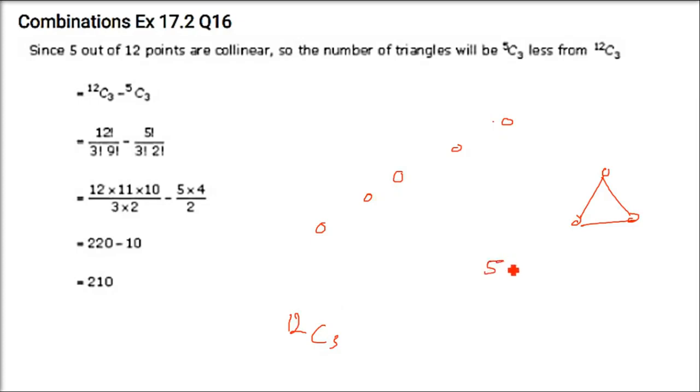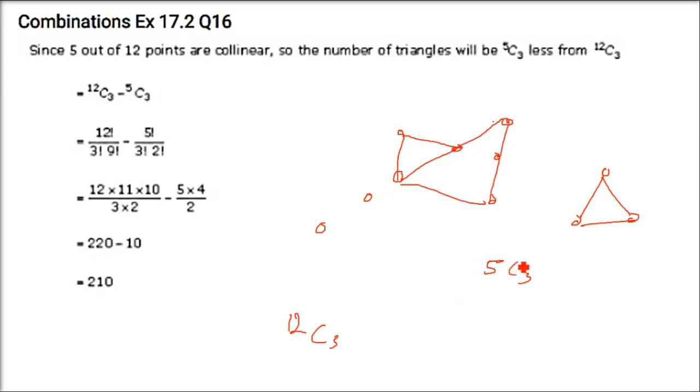But the point is, there are 5 in a straight line, and any 3 points taken from them will not form a triangle. So 5C3. All the triangles with these 5 as the points will not be triangles. 3 points cannot make a triangle, right?